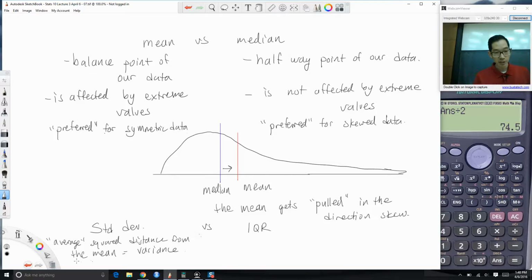Standard deviation is affected by extreme values. Okay, the IQR, this is the range of the middle 50% of the data. Okay, and this is not affected by extreme values.